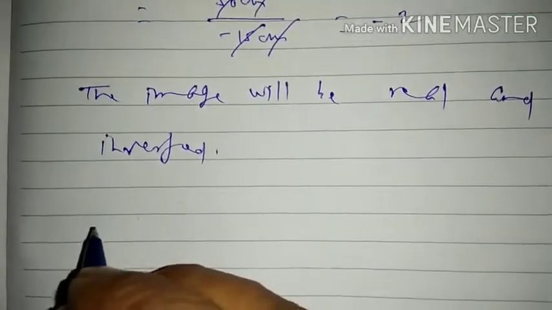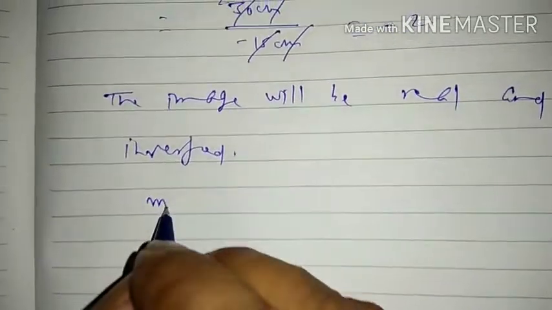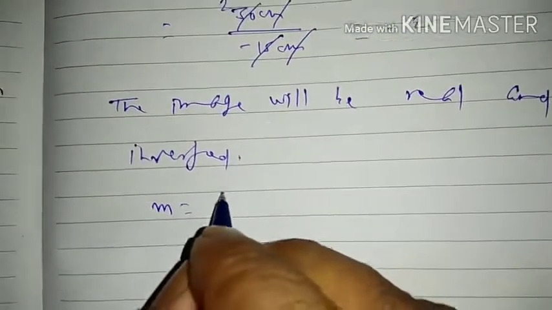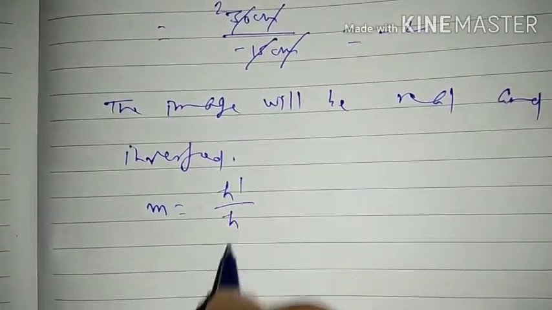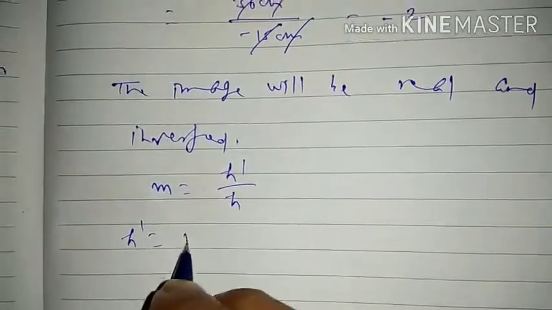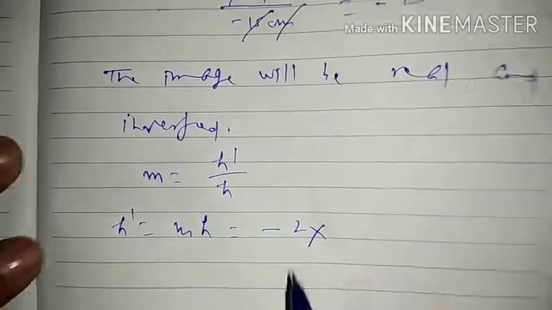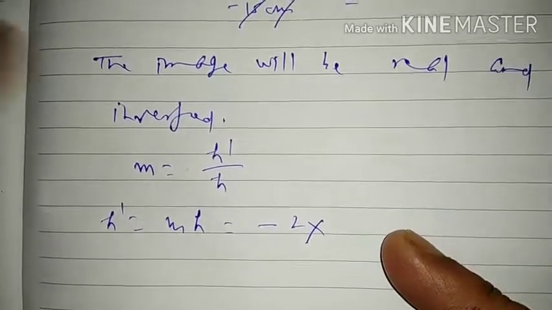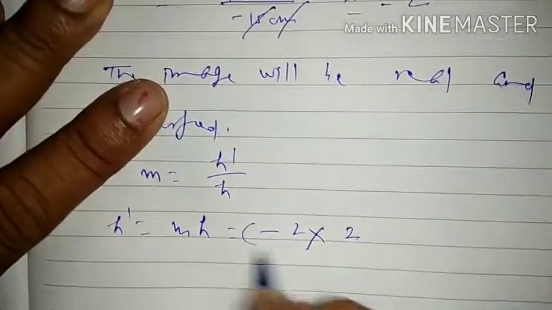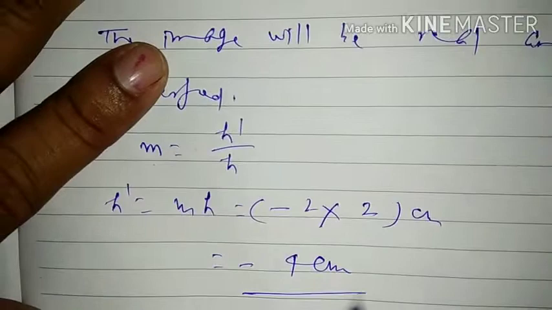Now for size, we know that m is equal to h dash by h. So h dash is equal to m into h. This is equal to minus 2 into what was the value of h here? 2 centimeter. This is equal to minus 4 centimeter.